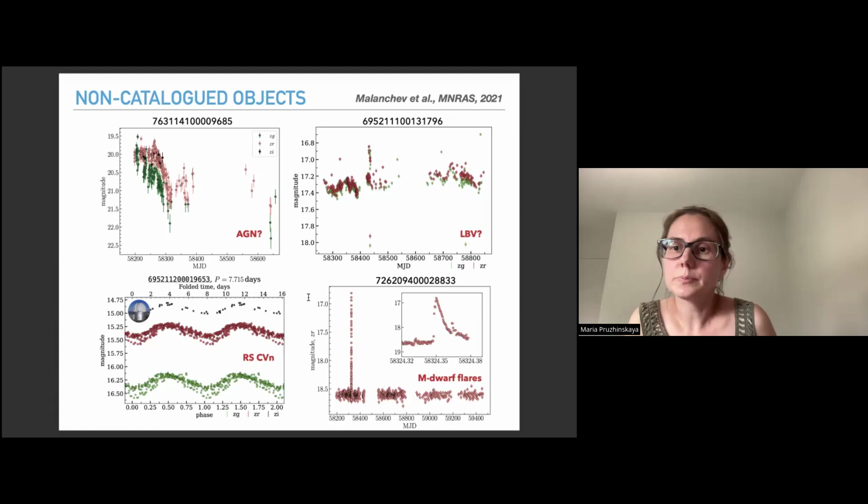Some of the objects we follow up spectroscopically and photometrically.